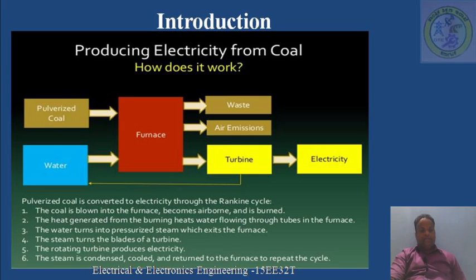After the steam is exhausted from the turbine, that steam is condensed in a condenser, and again it is cooled and returned to the furnace to repeat the cycle. This cycle we call the Rankine cycle. This cycle repeats again and again.